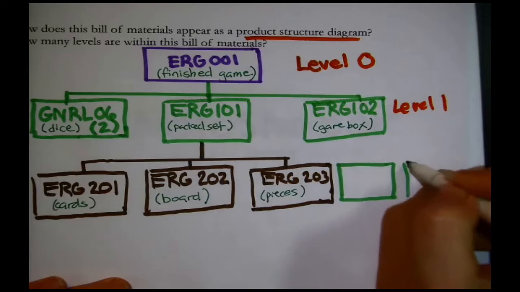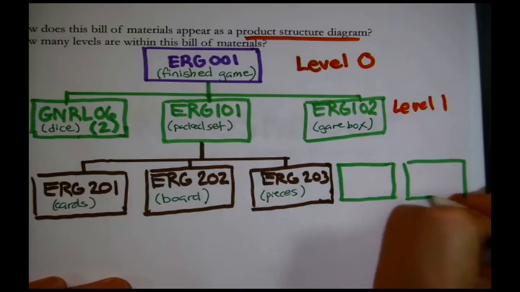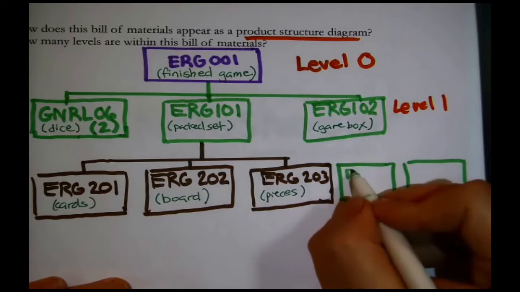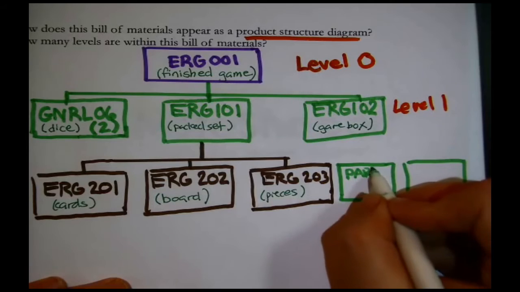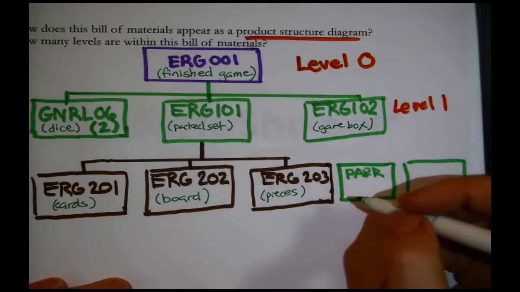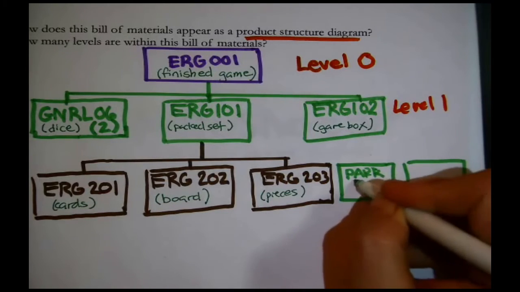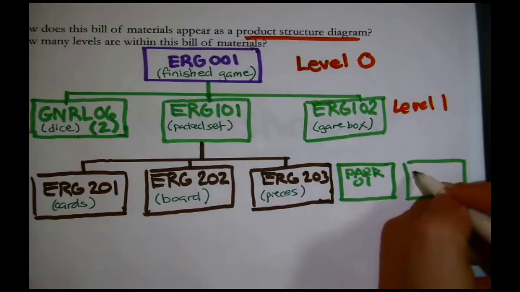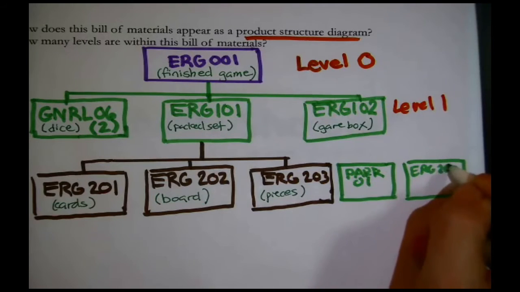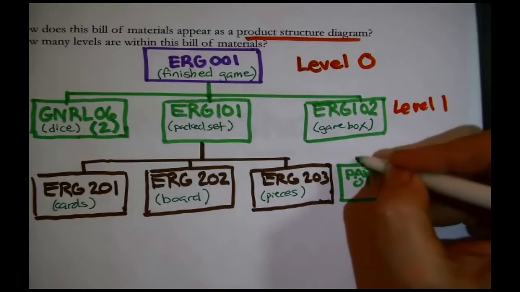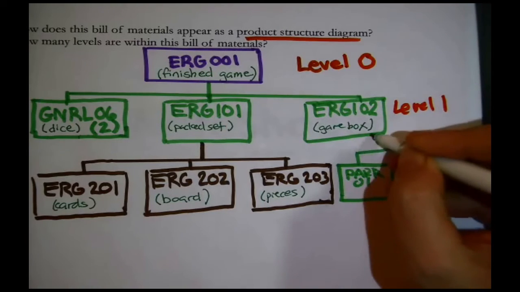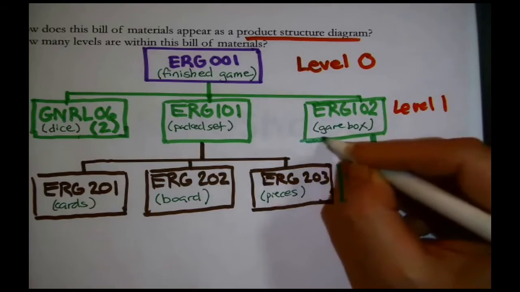Maybe I better draw my boxes first. The first one being PAPR 01. That's the box. And ERG 204. Connected to this is the parent.